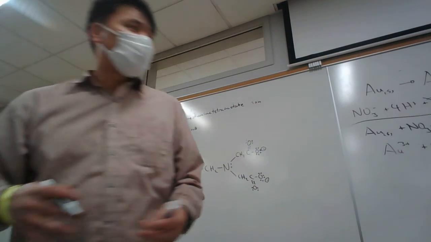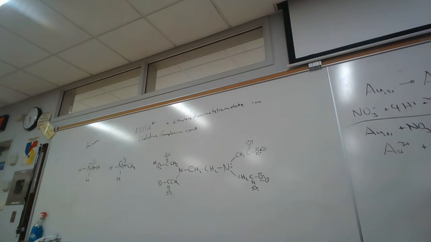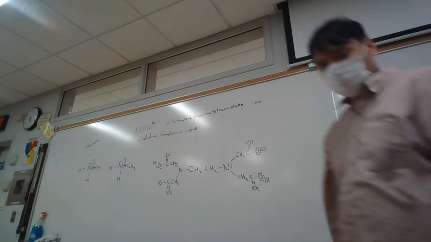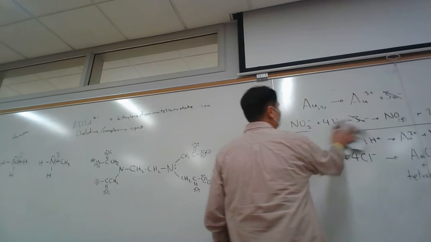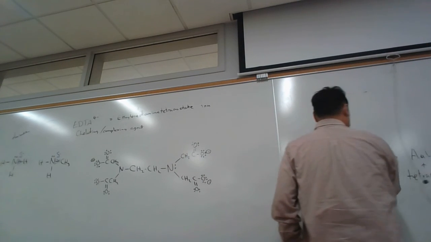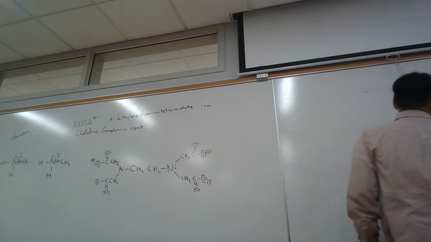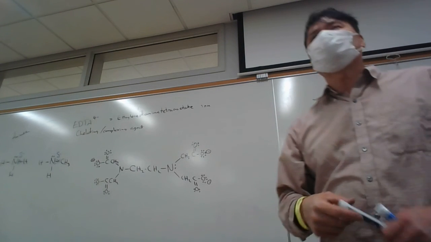Now EDTA loves to attack Lewis acids. So if there's gold ion around, EDTA will attack that and completely encapsulate it. And so let's take a look at one. Let's take a look at lead. Did I talk about lead poisoning?